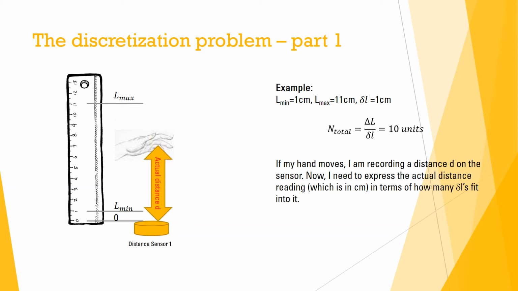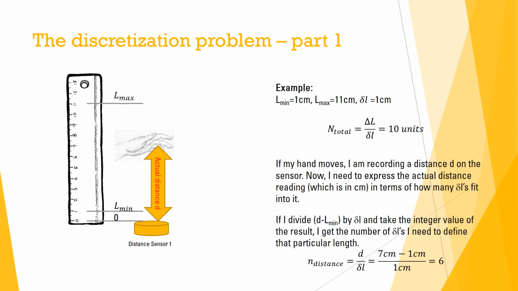And if your hand moves now from Lmax down to some distance d, you need now to express the actual distance reading in terms of your new unit delta L. So you need to figure out how many delta L's fit into it. If you divide d minus Lmin, remember your delta L doesn't start until after Lmin, and take the integer value of the result, you will get the number of delta L's that fit into that particular length.